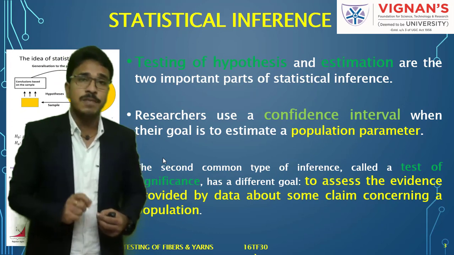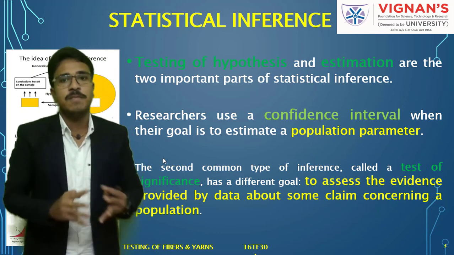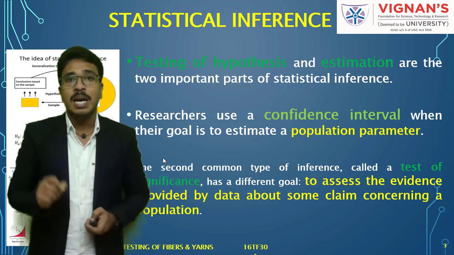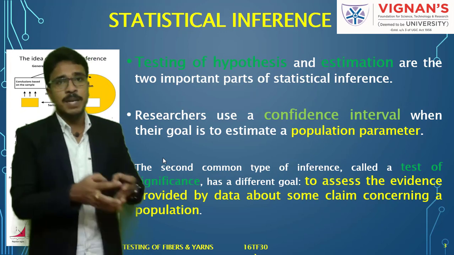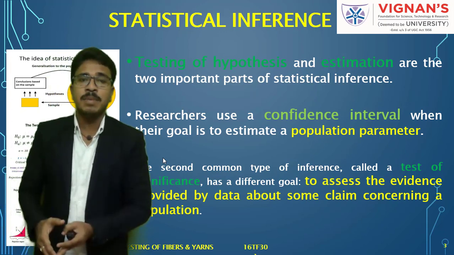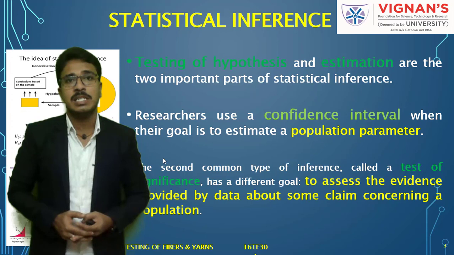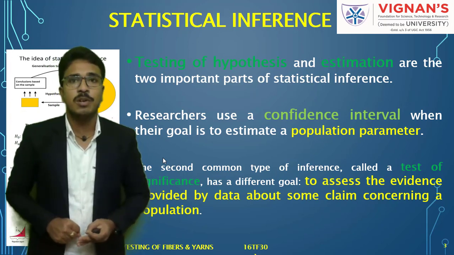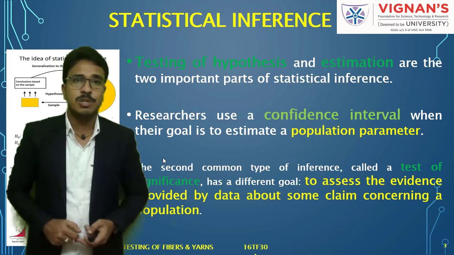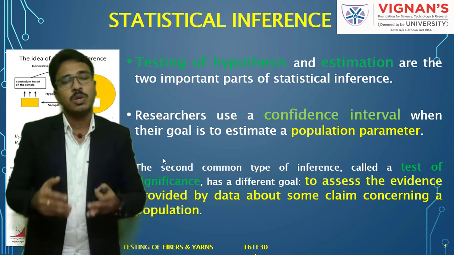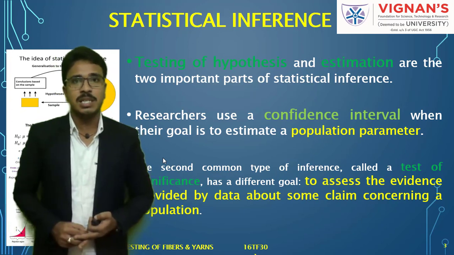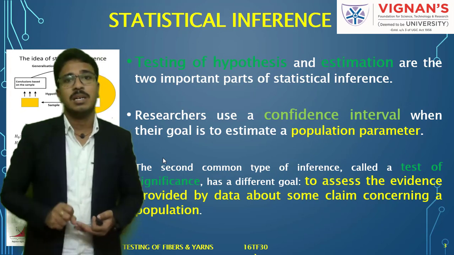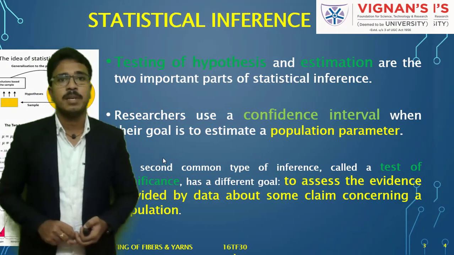When it comes to the test of significance, the main goal is to assess the evidence provided by the data about some claim concerning a population. When we solve a few problems under this significance test, you will come to know this goal very clearly.